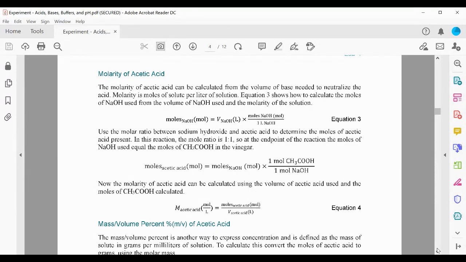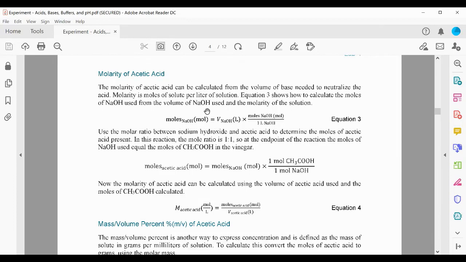So the difference will be how much volume of sodium hydroxide you used. And then you will be given the molarity of sodium hydroxide, and then the volume of the vinegar that you titrated. So it's very simple. They are showing you here.